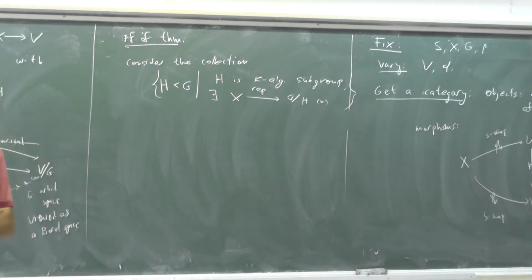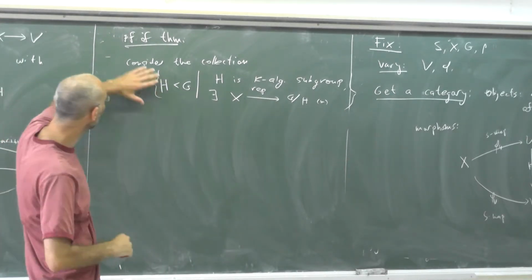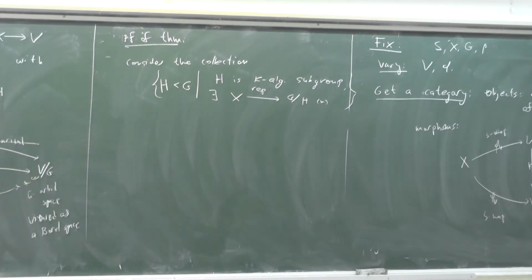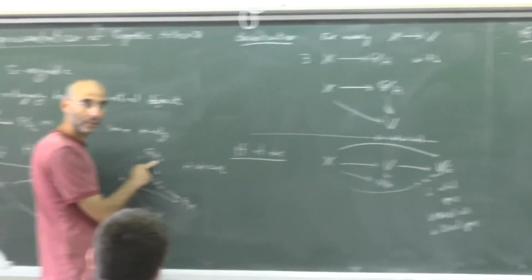This is to be understood. So I'm looking at the collection of all possible guys that fit in this picture, and I want to take H as minimal as I can, as small as I can.